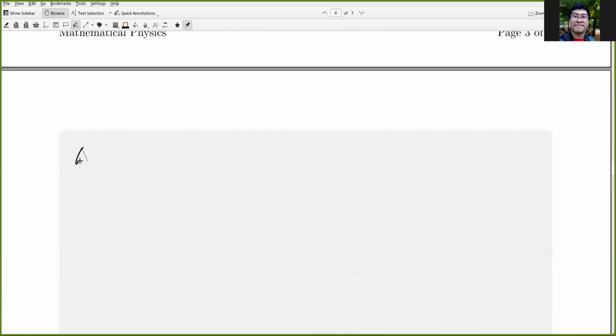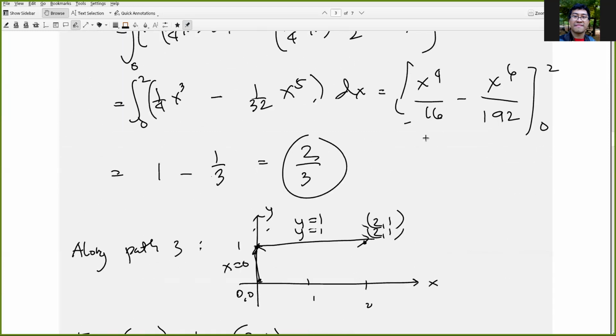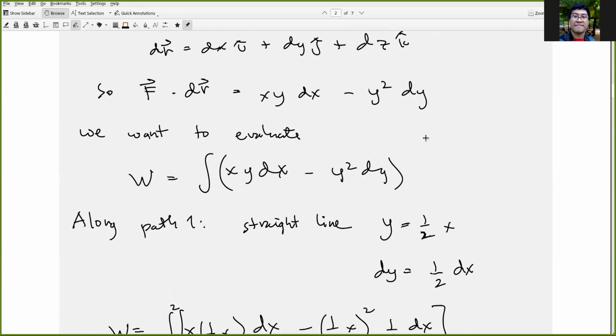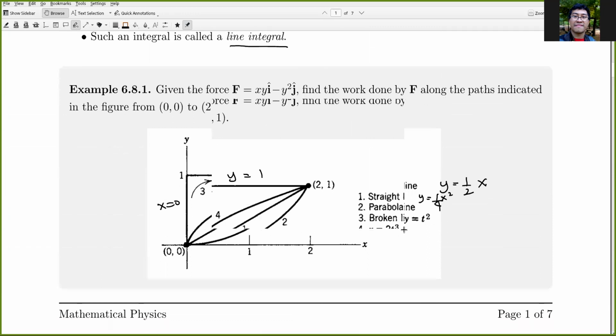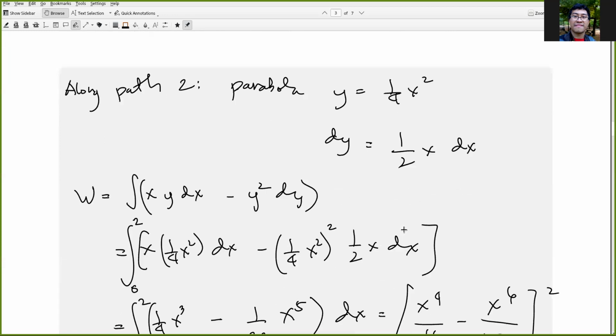Now along path number 4, you have parametric equations x equals 2t to the power of 3 and y equals t squared. That's our equations here.